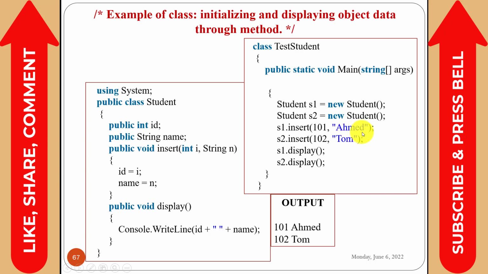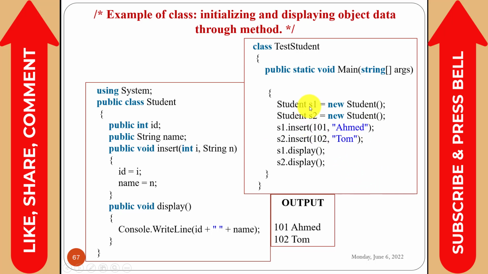It consumes 28 bytes. So 28 bytes of memory are consumed for a string type value and 4 bytes for an integer type value. So for S1 how much memory is consumed? S1.id and S1.name will consume 32 bytes of memory.